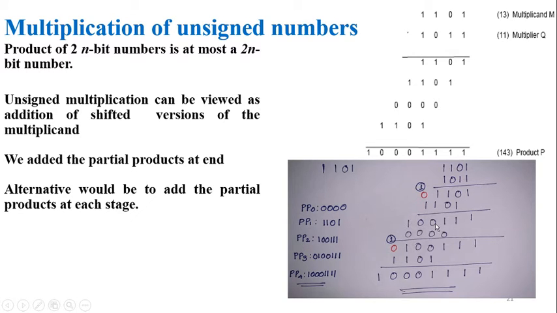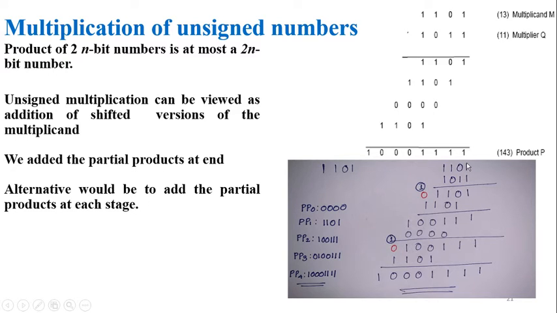Okay, here 1, just write down this 1. 0 plus 1 is 1, 1 plus 0 is 1, 1 plus 1 is 0 carry 1. The 1 inside the circle indicates the carry from the previous column. And this 0 indicates the sign extension of this partial product. Why the 0 as sign extension?